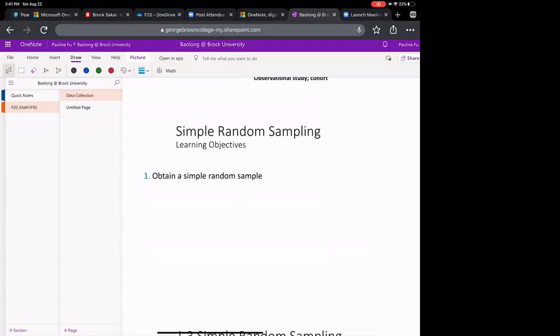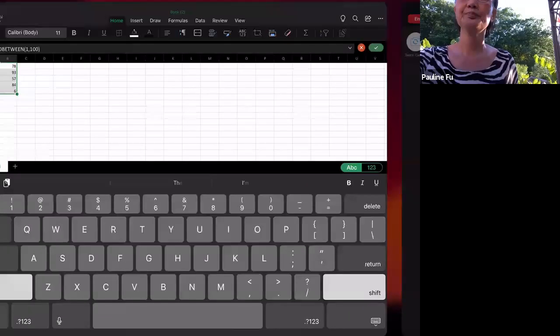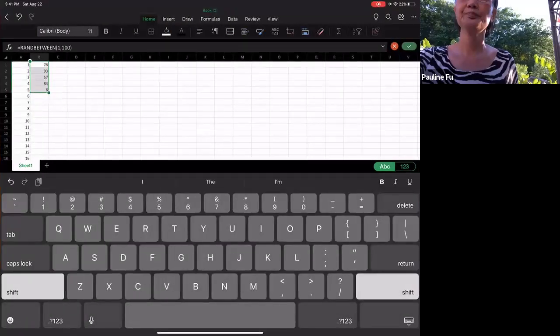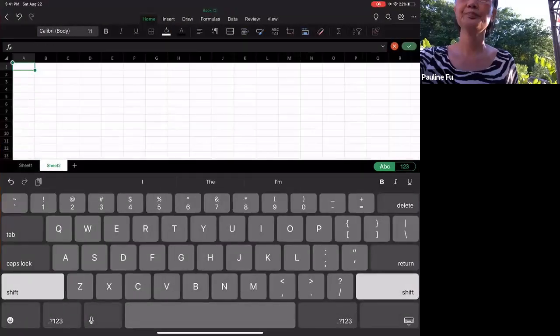The objective is to obtain a simple random sample. I'm going to use Excel to demonstrate how you get a simple random sample. Suppose we have 100 students and we want to choose 5 students from these 100 students randomly.